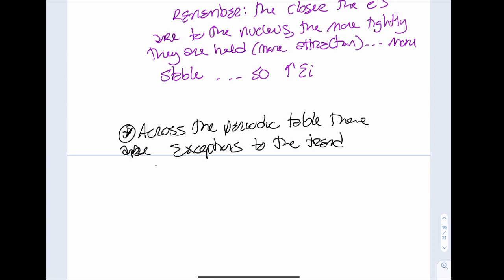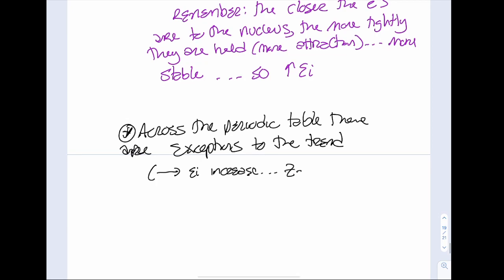If you wanted the general trend, this is excluding the exceptions, as you go in this direction, ionization energy is actually going to increase, right? Because in general, our effective nuclear charge increases. Sorry, that's pretty cryptic.